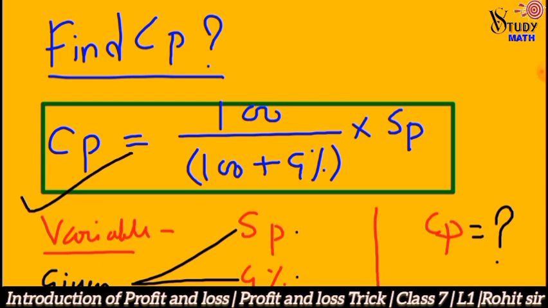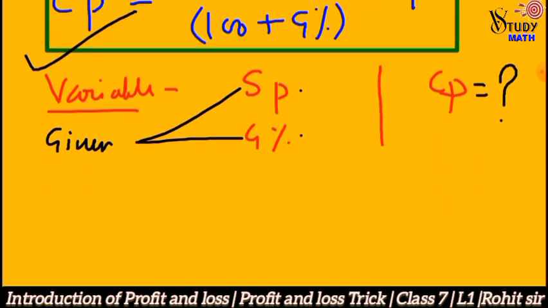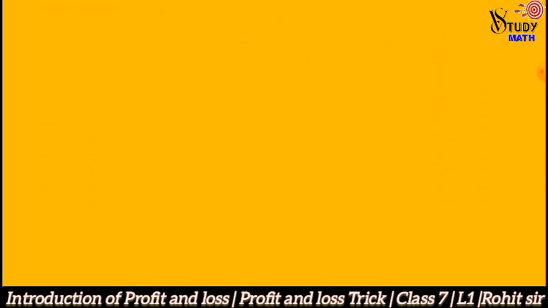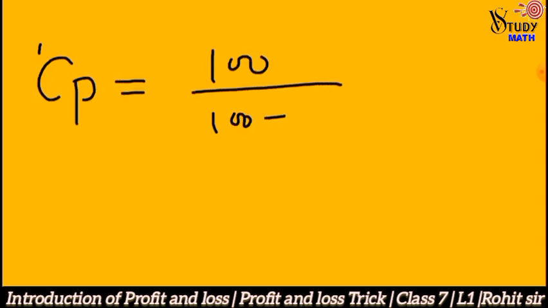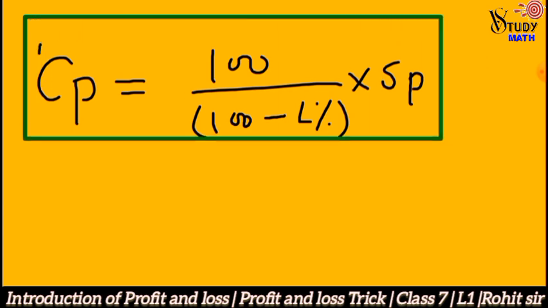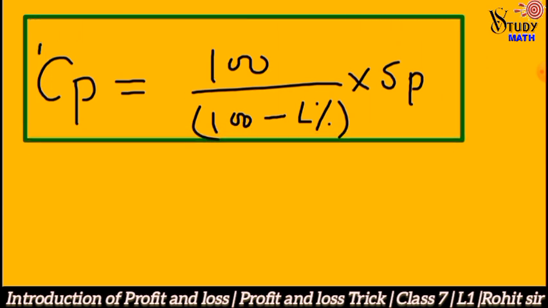Now comes to the next formula of CP. The next formula is CP is equal to 100 upon (100 minus loss percent) into SP. This is the next formula of CP, formula number 8. Now here SP is a variable, loss percent is a variable, and CP is a variable.